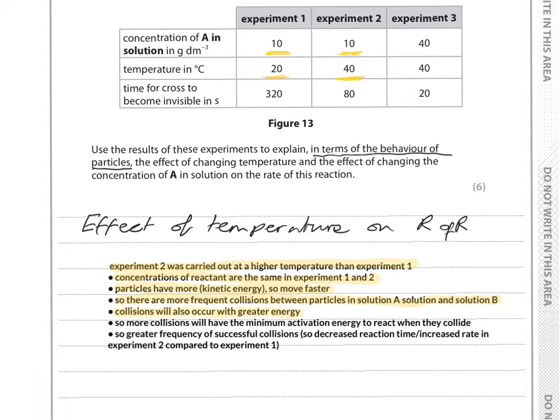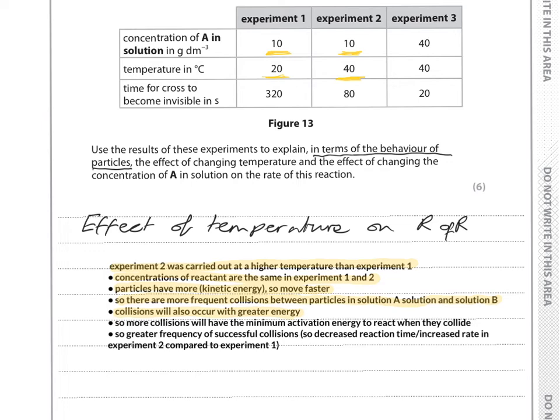So therefore you're going to have more collisions with the activation energy, and therefore your rate of reaction is going to go faster. Because of those two effects, you're going to have a large effect on the rate of reaction.